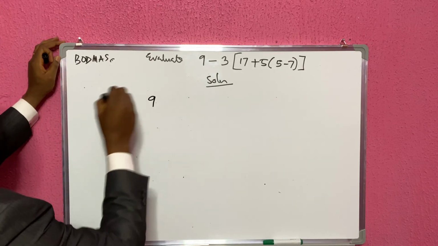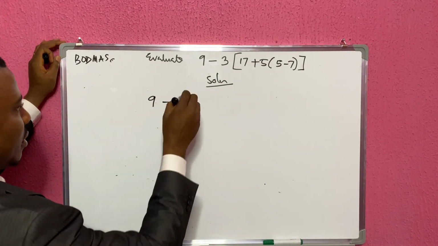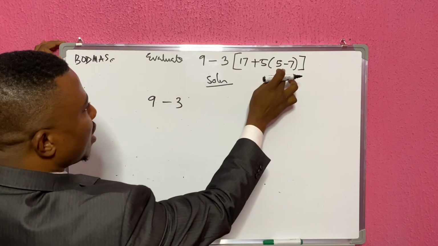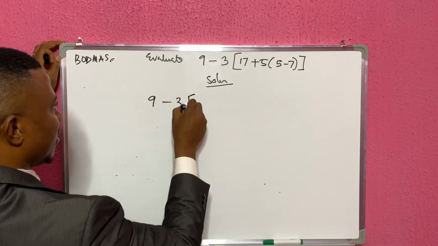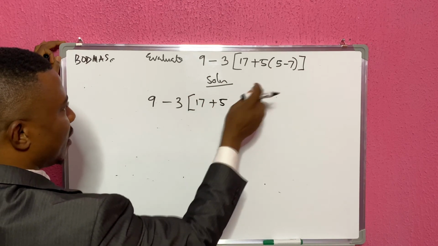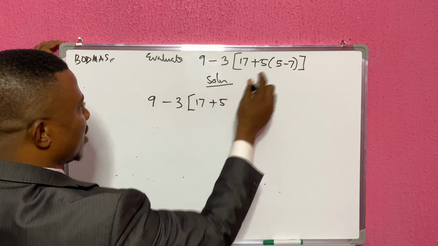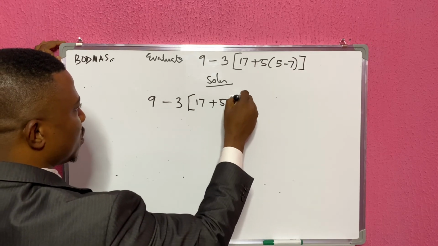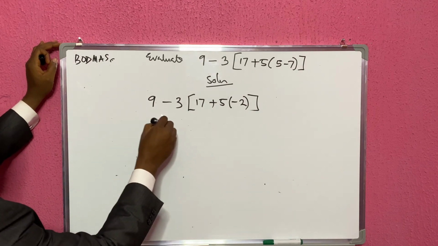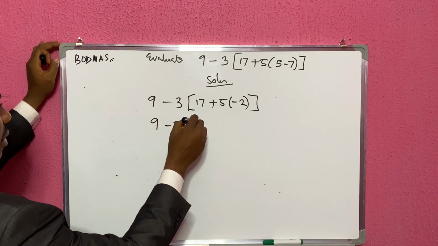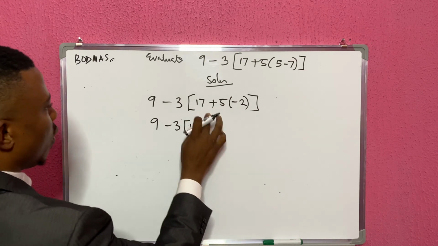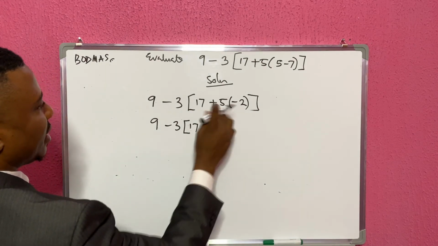This is 9 minus 3. We handle this bracket first: 17 plus 5, where 5 minus 7 is minus 2. 9 minus 3, 17. We handle this one again.